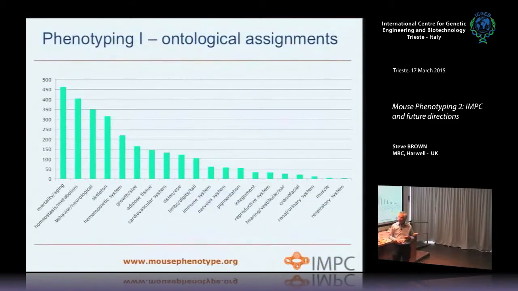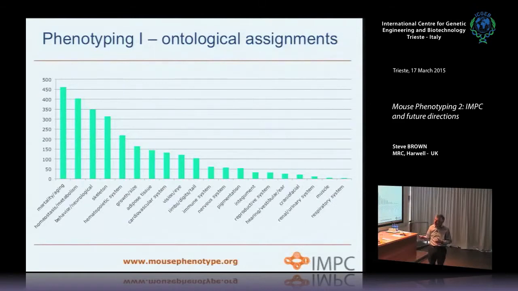Of course, if we look across all of the phenotyping information in IMPC, and we classify the phenotype annotations according to the different areas in which we've made phenotyping assignments, at a higher level ontological analysis across the different areas, such as mortality, aging, homeostasis, metabolism, behavioral, neurological, skeleton, you can see that in most areas we're getting very significant phenotype hits.